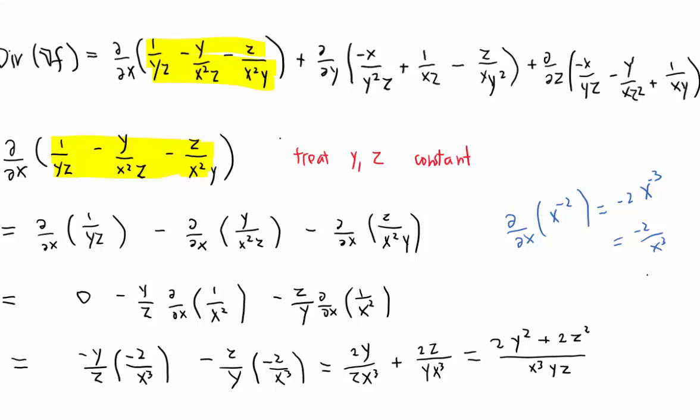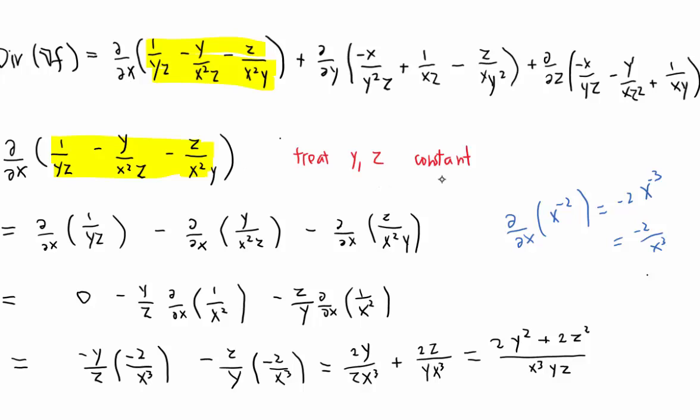Let's focus on the first term: the partial derivative with respect to x of 1 over yz minus y over x squared z minus z over x squared y. Remember that we are differentiating with respect to x, therefore we treat y and z as constant.